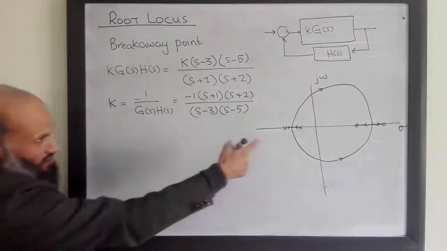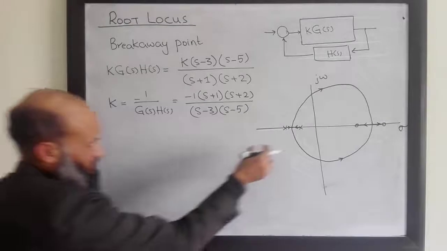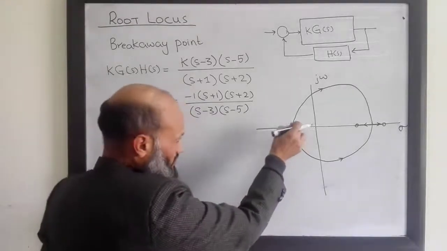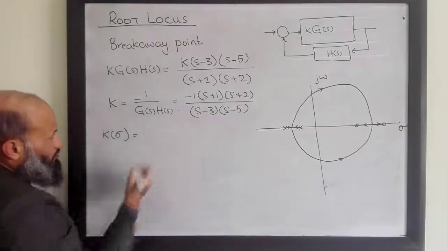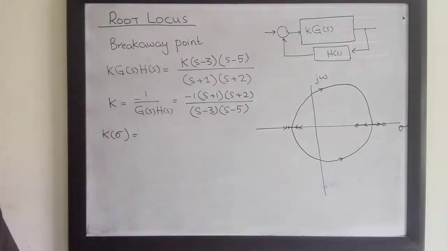And then for the part of the root locus which lies on the real axis, we have k of sigma obtained by simply replacing s with sigma.